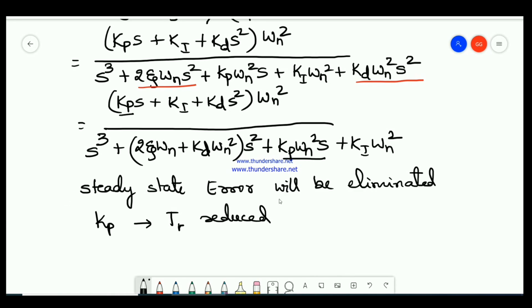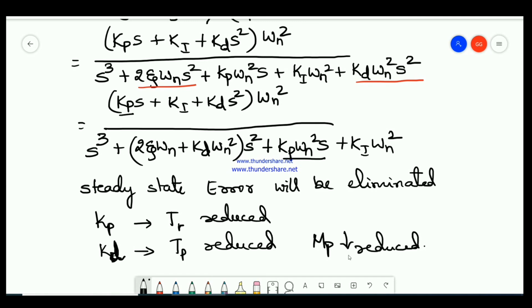Similarly, we also see that the settling time is reduced due to Kd in PID controllers. So the settling time or the peak time also gets reduced in PID controllers. As the peak time reduces, Mp reduces.